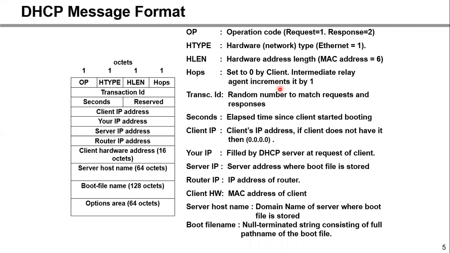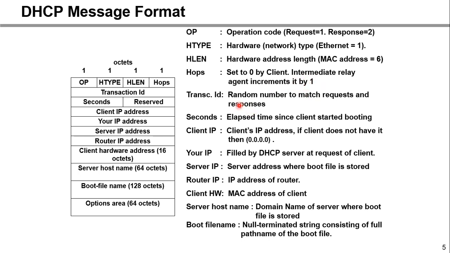So sitting in Pune, if I'm getting the IP address from the Delhi server, the hops cannot be 1 because we are not in the same network. Pune city machines and Delhi city machines are connected with each other using many different networks. So those many hops have to be mentioned over here.